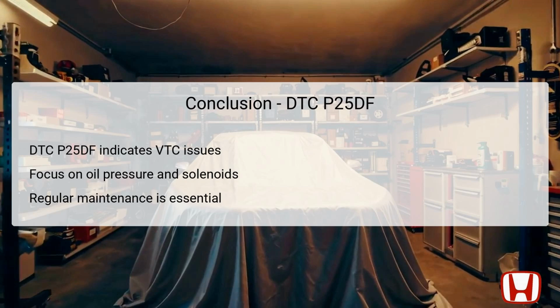Technicians must follow a systematic troubleshooting approach to accurately identify and resolve the underlying issues. Furthermore, implementing regular maintenance practices can significantly reduce the likelihood of recurring problems and enhance the reliability of the vehicle's engine systems. By addressing these components proactively, owners can ensure optimal performance and longevity of their Honda Accord.